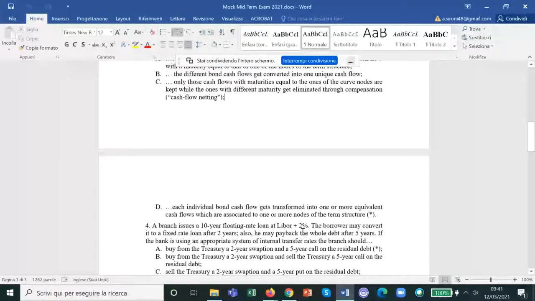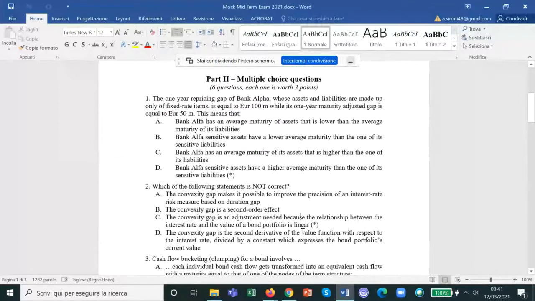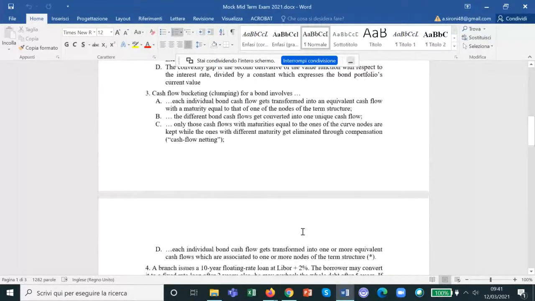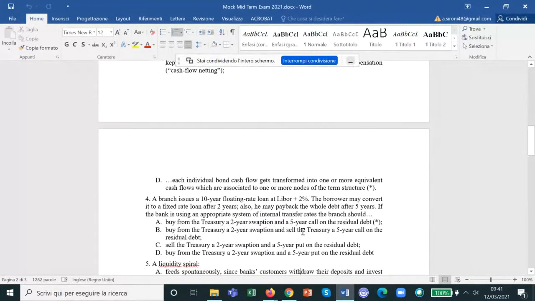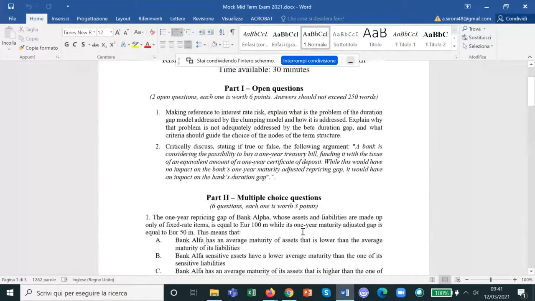As you can see, these are all questions similar to the ones that we saw in class. We saw at every session quite a number of multiple choice questions, and those are the kind of questions that you get in the midterm exam.